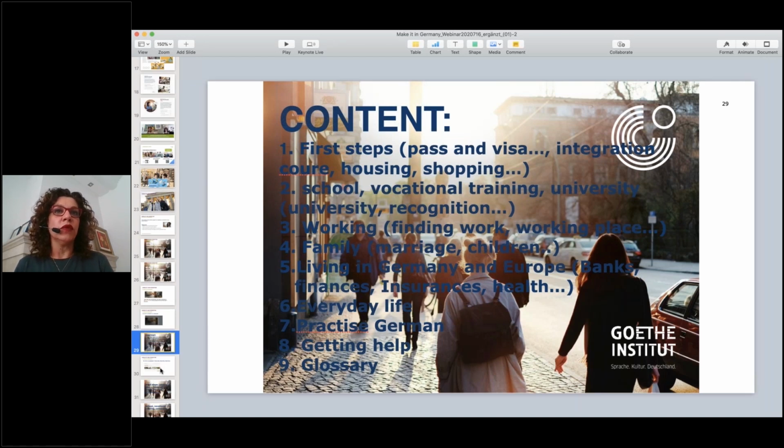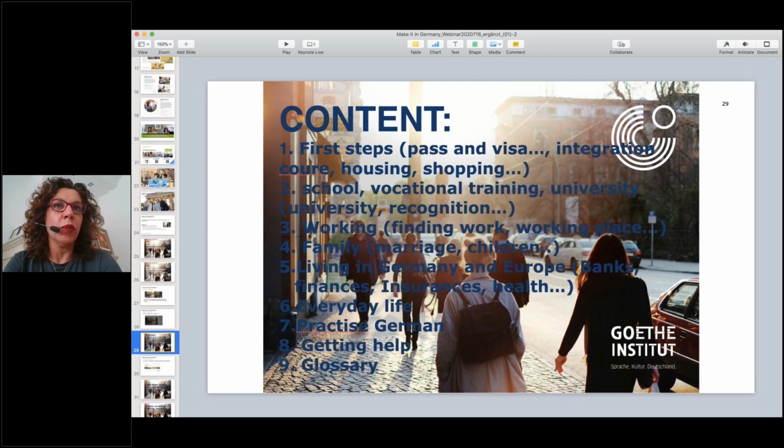If you are seeking work, a job in Germany, how do you get information about the institutions or the services which would give you advice about this field? Now you are living in Germany, for example, so you need information about the way of life in Germany, but also in Europe, the banks and so on. Till the glossary, point nine, you have the possibility.